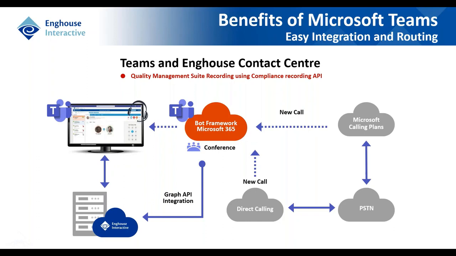This very simple diagram shows the Microsoft Azure bot framework, where the Teams native PBX implements queuing, announcements, and call control. So there's no SBC or direct routing required, but it can be used if needed. And of course, as I just mentioned, Microsoft calling plans are now supported in this infrastructure.